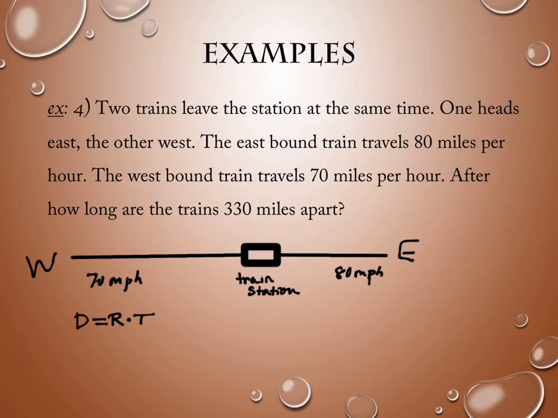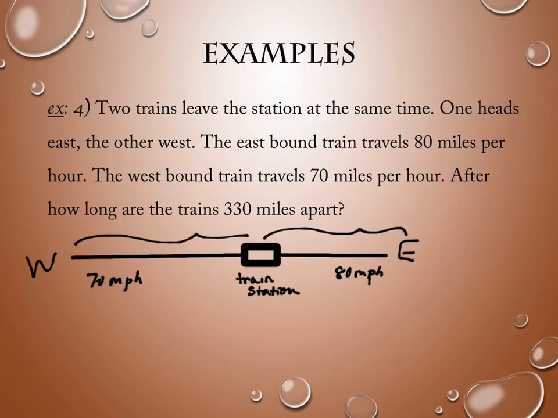Because what I really want is for this distance, whatever it is, plus this distance to equal what? 330, right? So let's figure out a relationship between those distances and the rates that we're given.